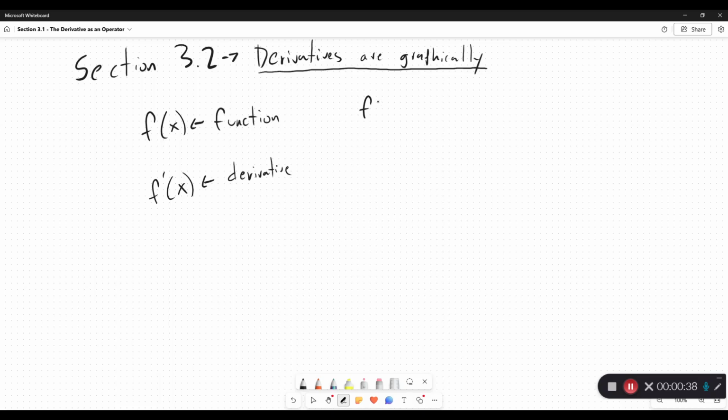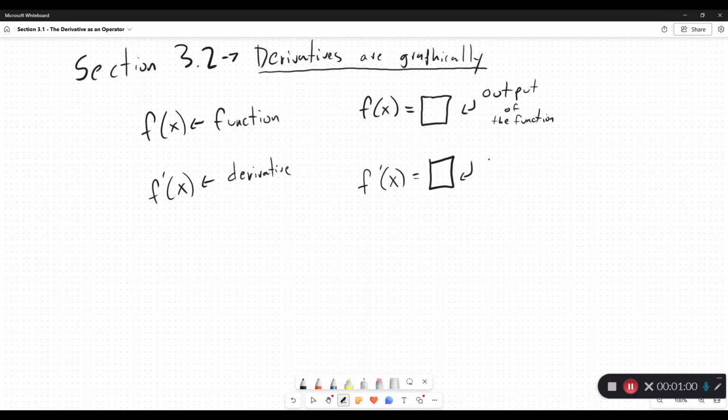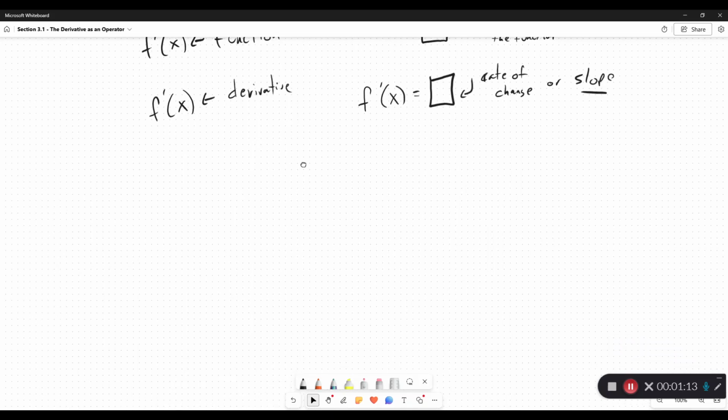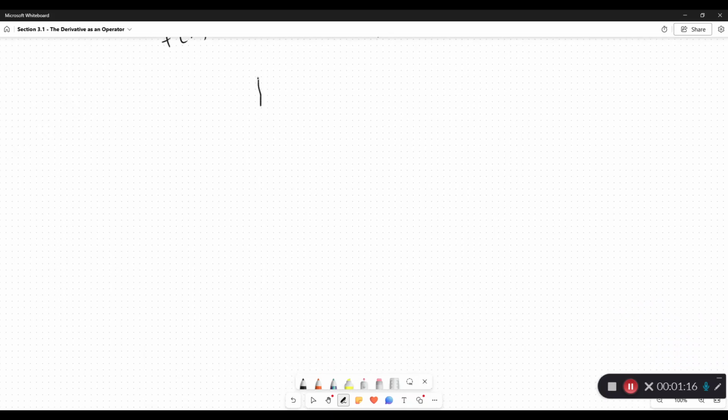As a reminder, f of x equals some number that is the output of the function, whereas f prime of x represents not really a value of itself, it represents a rate of change, or what we're going to really talk about is slope. Okay? So, graphically speaking, let's just take a look at a particular function.